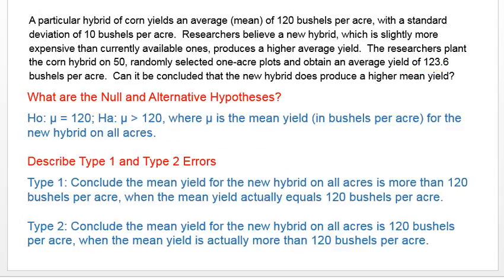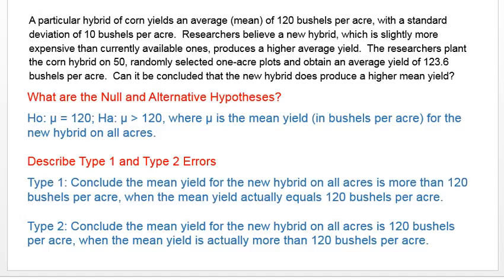The problem says, again, the hybrid of corn that's currently in use yields an average of 120 bushels per acre. We want to see if a new hybrid actually produces more. So the skeptic would say, which is the null hypothesis, the skeptic's hypothesis, is that mu, the average amount of yield in bushels per acre for the new hybrid on all acres, again, mu is a population mean, this is not just on the 50 acres, but on all acres.